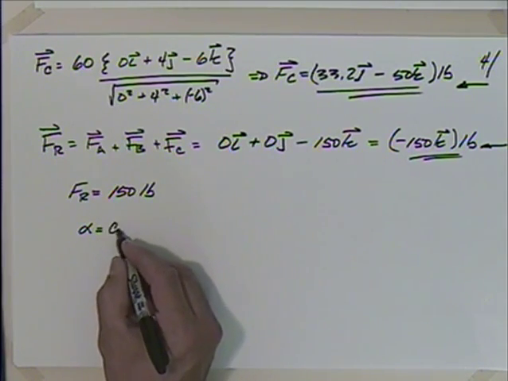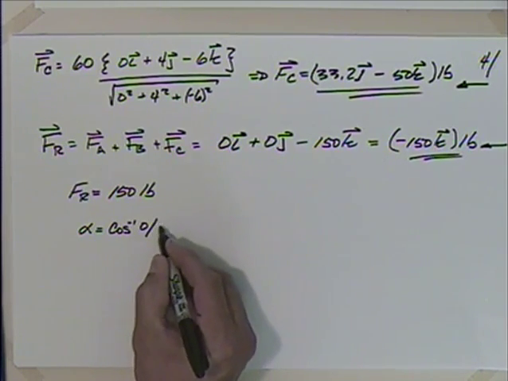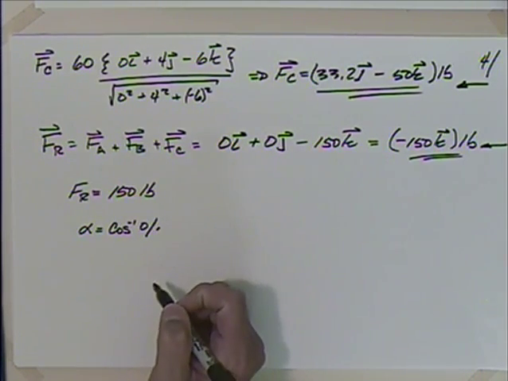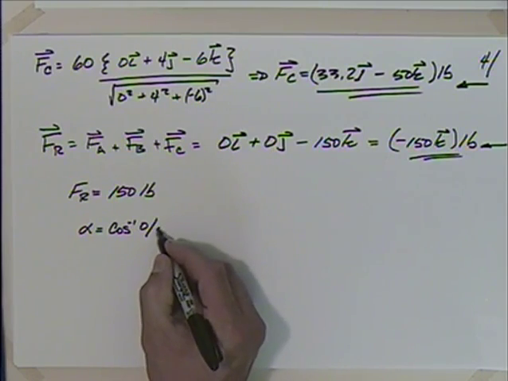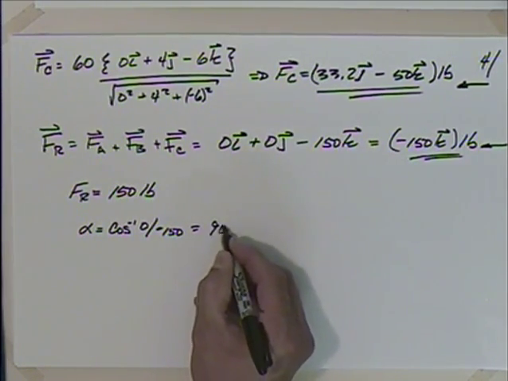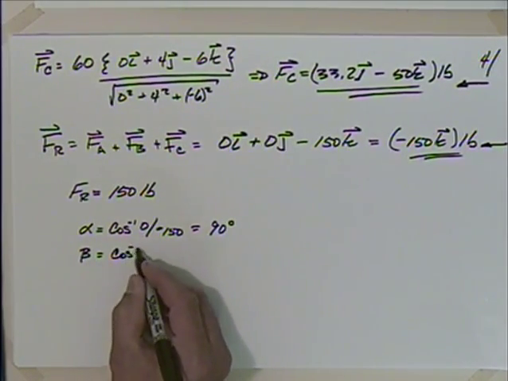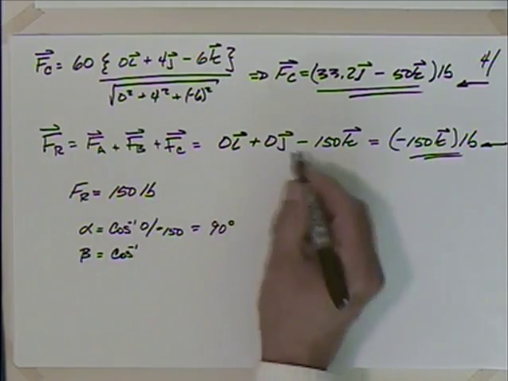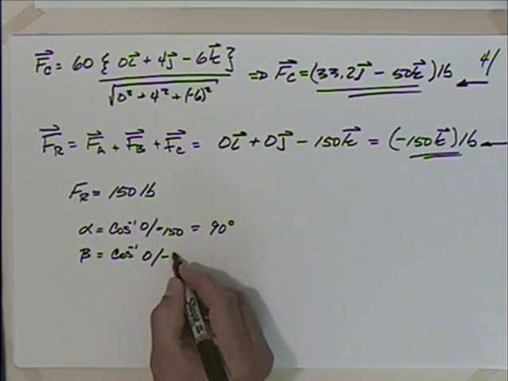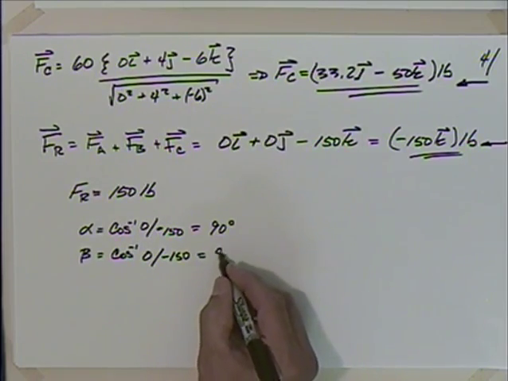The arc cosine of 0 over minus 150, which gives you 90 degrees. That beta is the arc cosine of 0 over minus 150, which gives you 90 degrees.